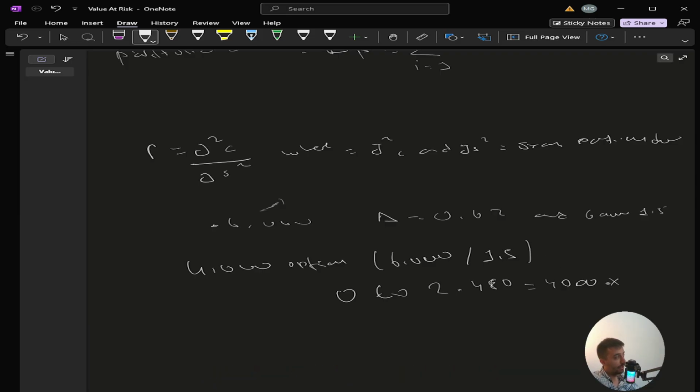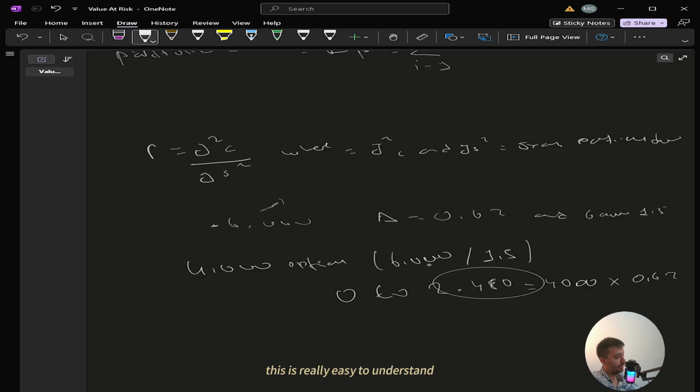For delta, 0.62. What does that mean? This means that 2,480, sorry, 4,880 shares of the underlying position will have to be sold, to maintain not only the gamma neutral portfolio but also the original delta neutral portfolio.